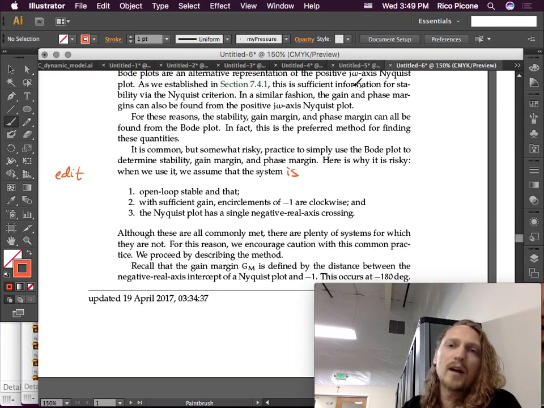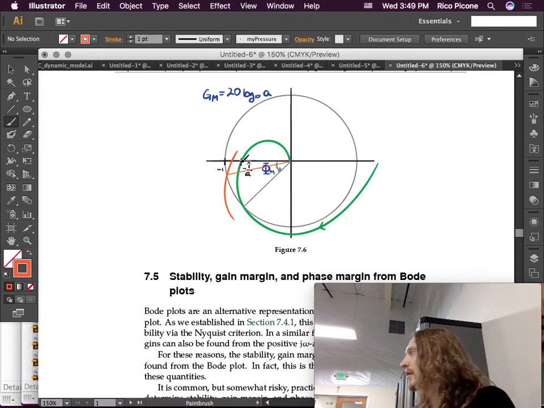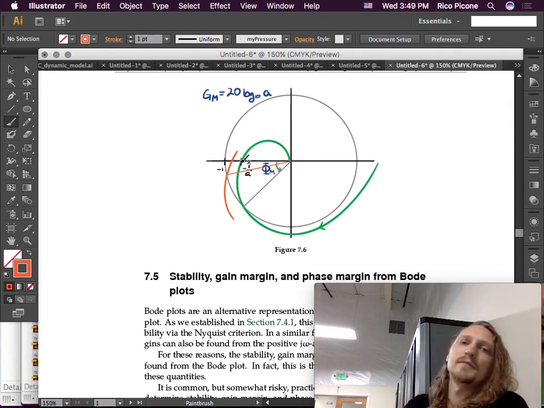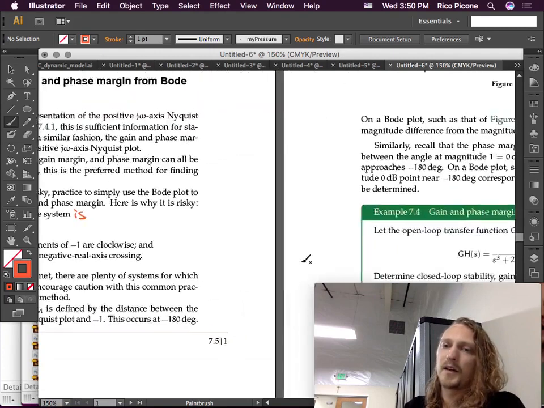So if we went back to our figure here, when we have this crossing of the real axis, we're at -180 degrees, right? Because the phase is measured from the positive real axis, so -180 degrees. The distance is between the -1 and the -180 degrees.